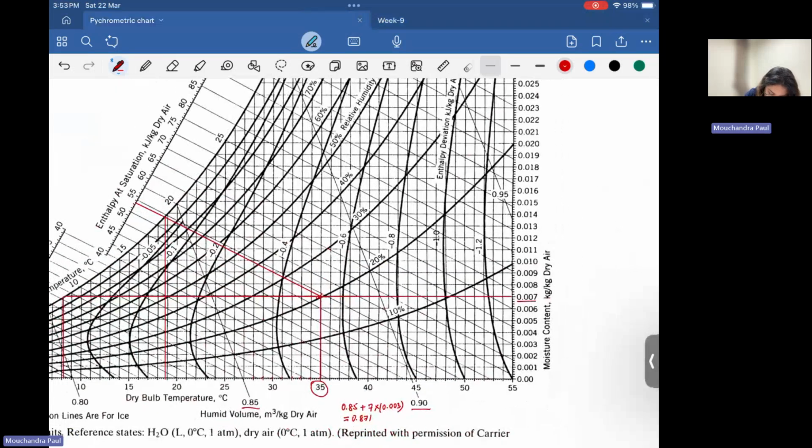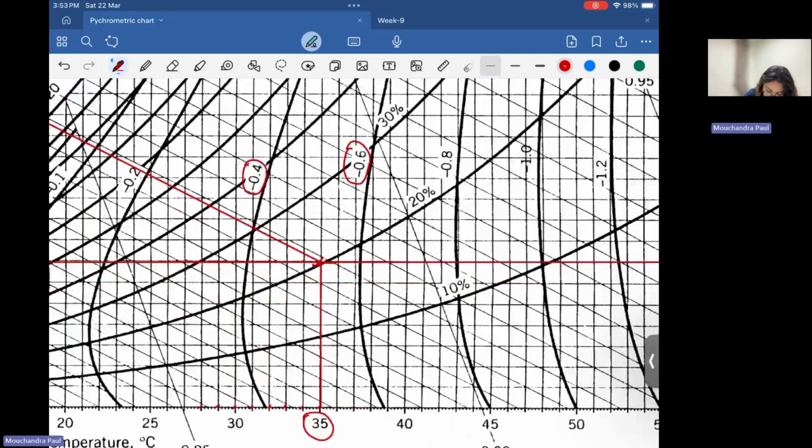So it lies between minus 0.4 and minus 0.6. Okay. And there are how many points in between? Around 7 points.